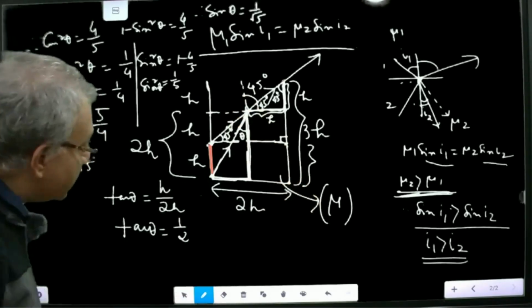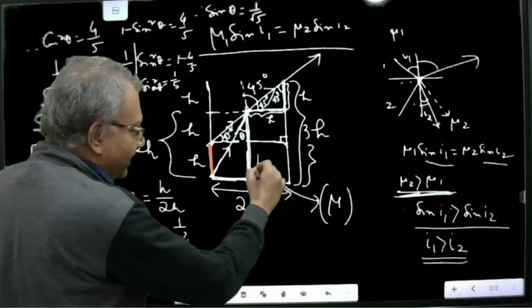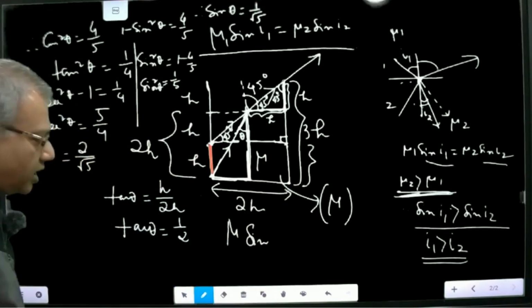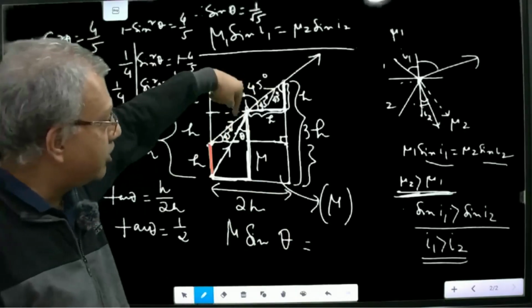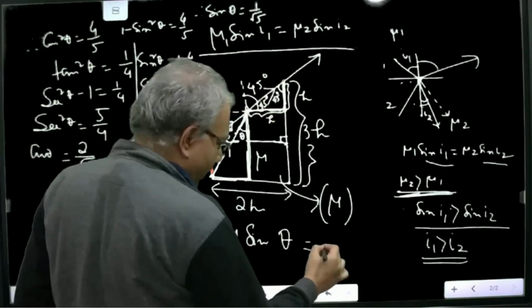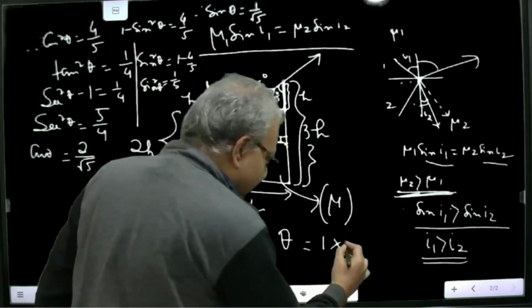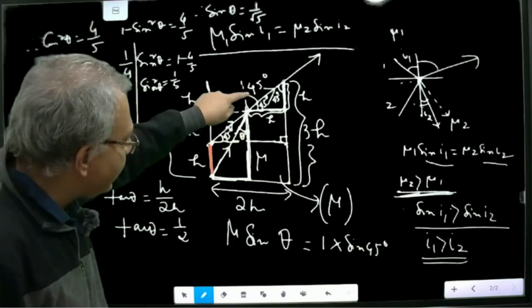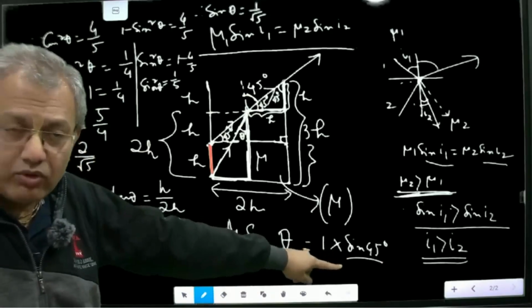Okay, so now for solving, if I want to get the refractive index, mu into sin theta, just it has gone to the air, the ray has gone to the air, so now the refractive index 1 into sin 45 degree. Okay, so angle of incidence, angle of refraction, I'm just going to have the simple generalized Snell's law, that formula we are going to use.